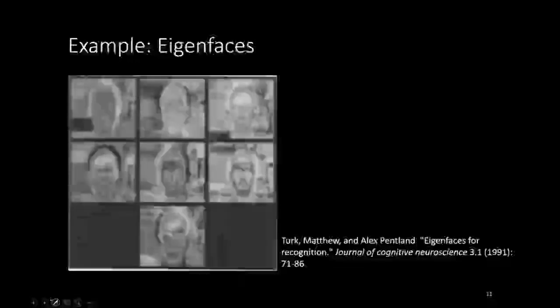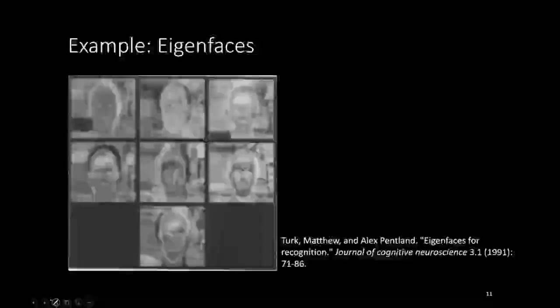So imagine if you have face images, all of them are 100 by 100. So your data lies in a 10,000 dimensional space. Let's say you have 100,000 faces, you can do a principal component analysis and reduce it to 7 dimensions.